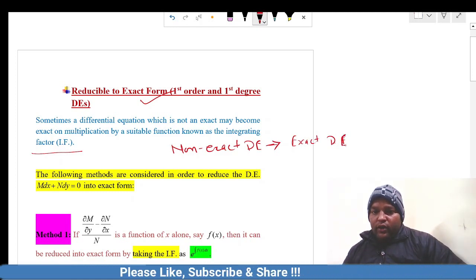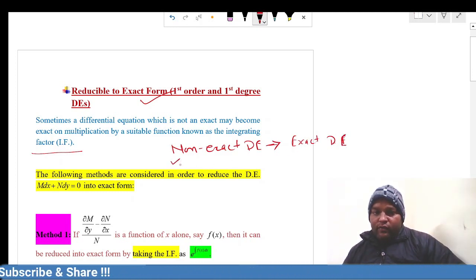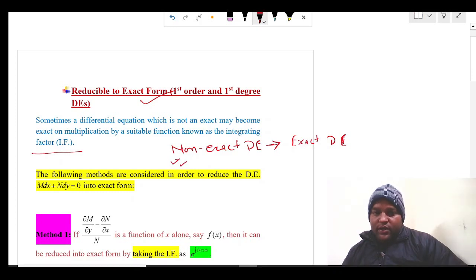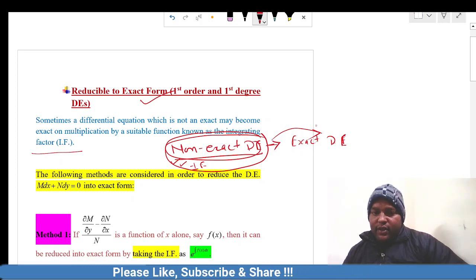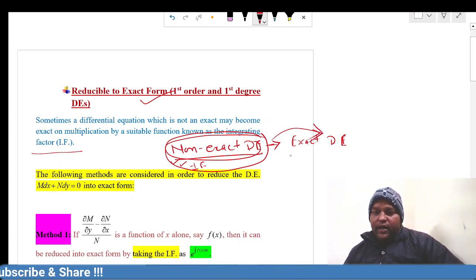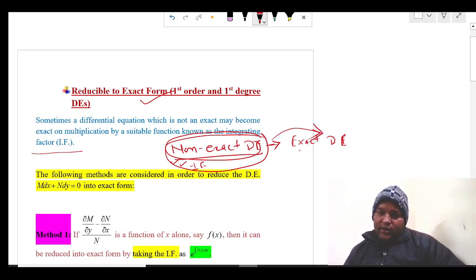So if we find an integrating factor for this non-exact differential equation, then after multiplying this non-exact differential equation with that integrating factor, the reduced form will be in the form of an exact differential equation, and we can write the solution of the exact differential equation.